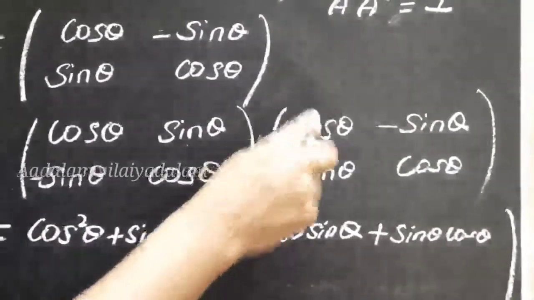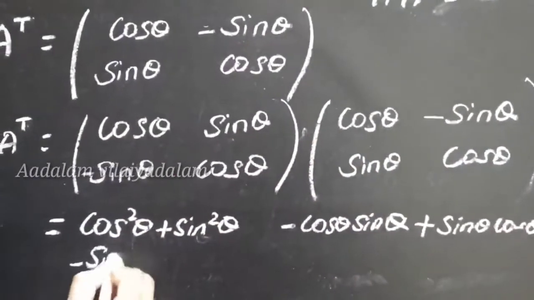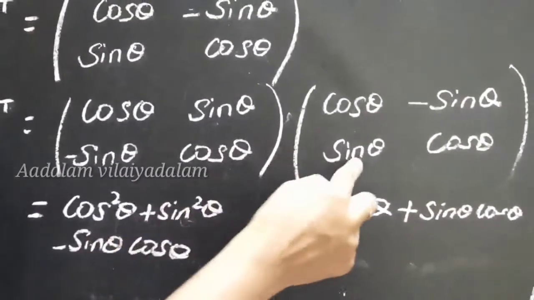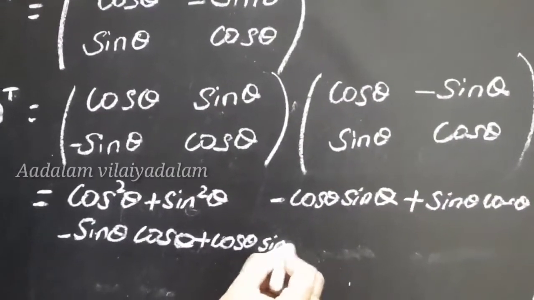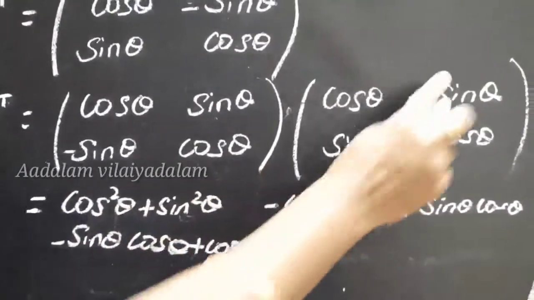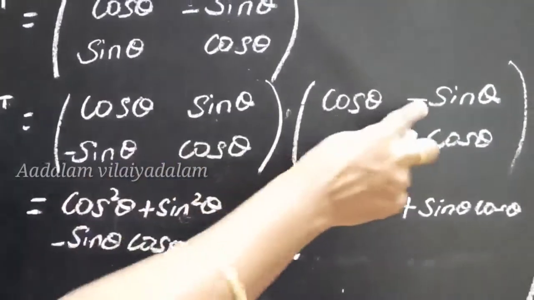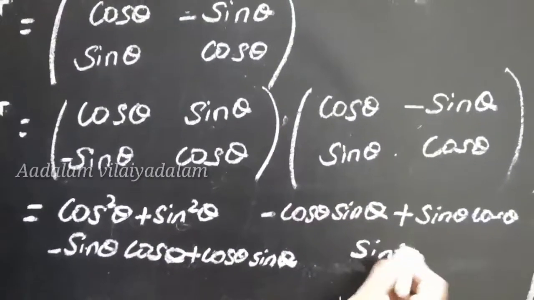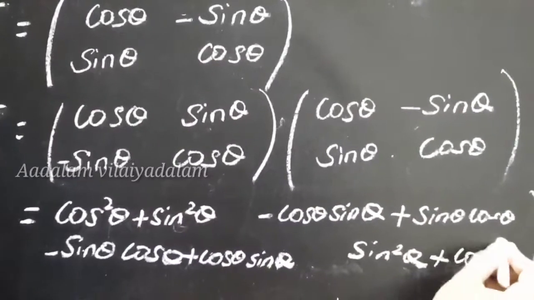The second row, first column: minus sin theta into cos theta, minus sin theta cos theta, plus cos theta into sin theta. The second row, second column: minus into minus plus, sin theta into sin theta, sin square theta, plus cos theta into cos theta, cos square theta.